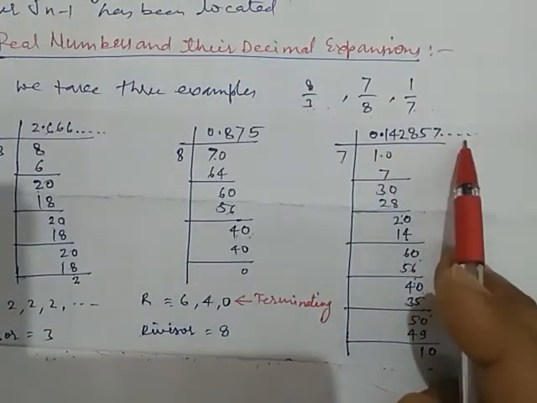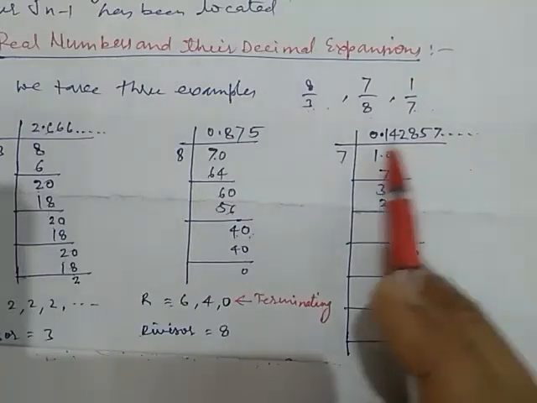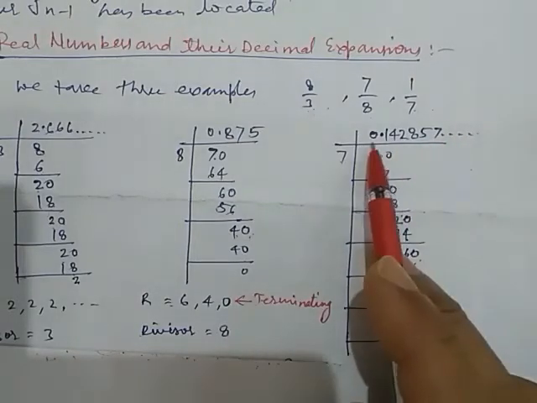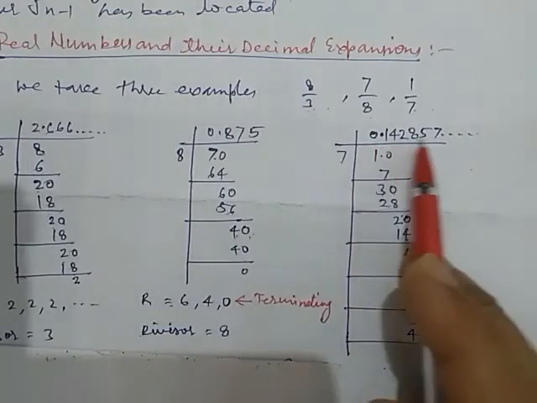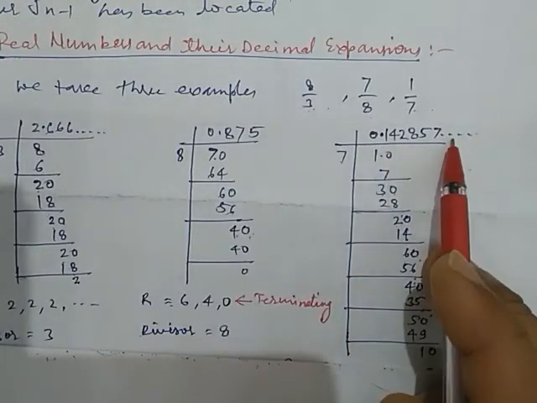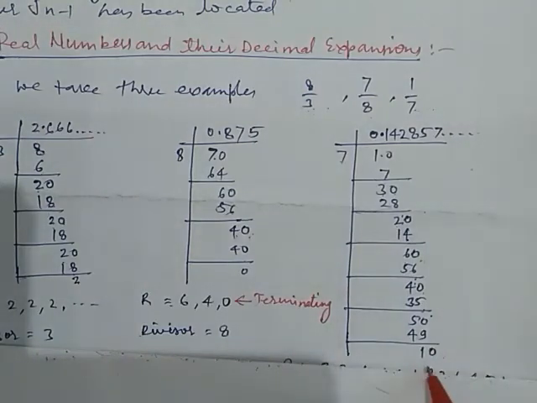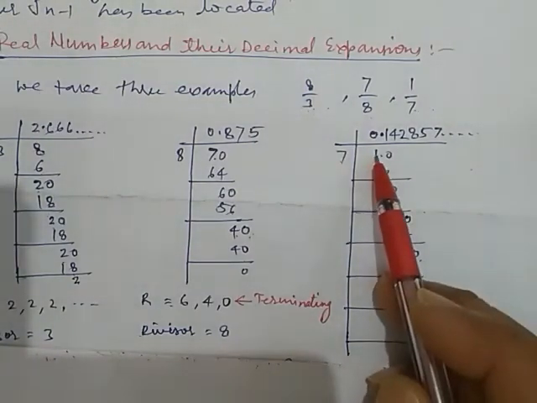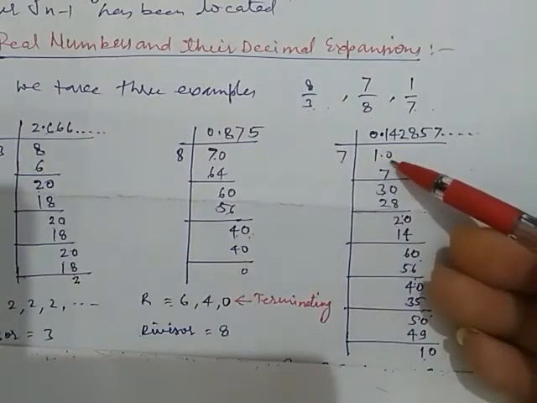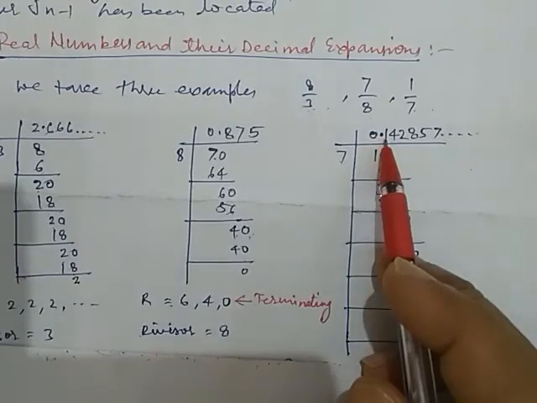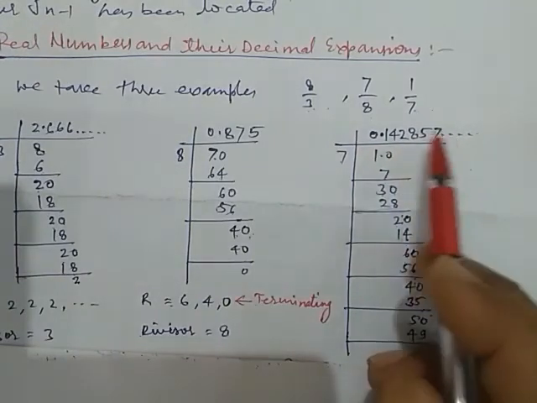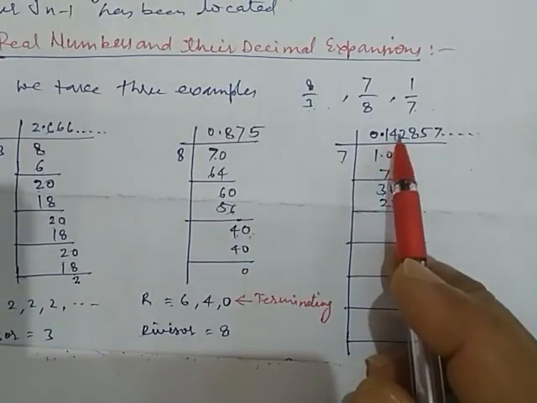So this is the endless string, which means this is a non-terminating decimal number. But look, here the remainder is 1, which is here 1. So now after this the string is repeated. So this is a non-terminating repeating decimal.